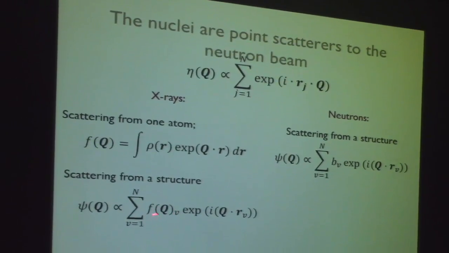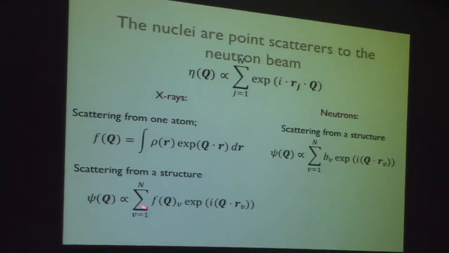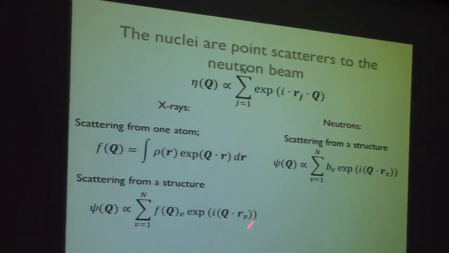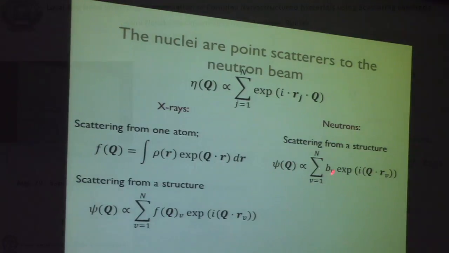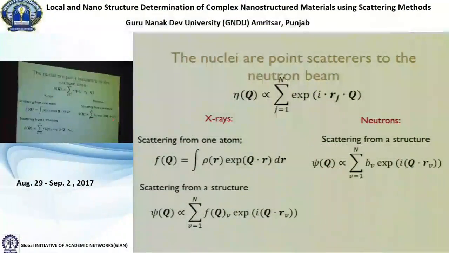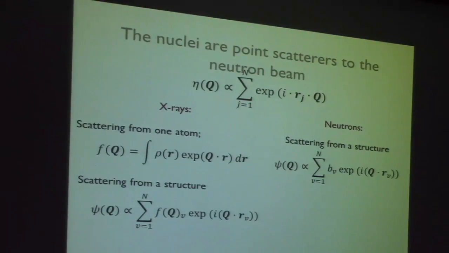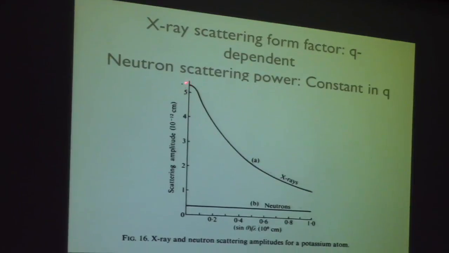And then the scattering amplitude from a structure, which is a set of atoms, is the form factor for the single atom times the arrangement of atoms in this exponential form. But in the case of neutrons, we don't need to do this form factor integration. We just can write it down, where this is the scattering power. So nu is the sum over all the atoms, and this is the scattering power of that atom. And then we have this exponential term.